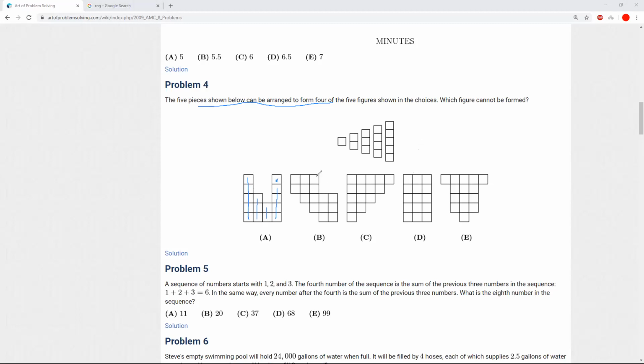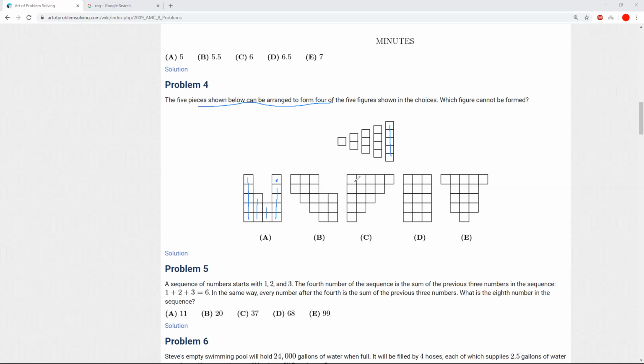Let's go to B. Obviously, you can't put a 5 in a row anywhere inside B. So B cannot be formed.